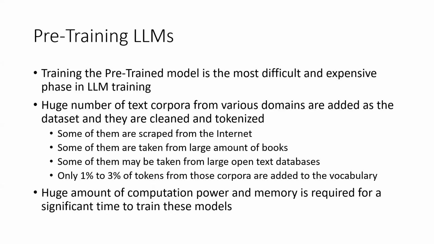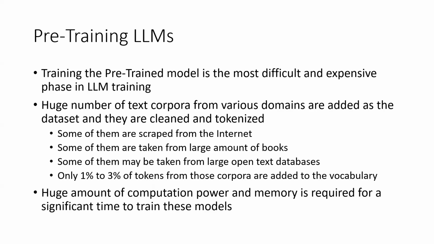It may be like 4 billion to maybe 500, 700 billion parameters when it comes to a large language model. And then you have to train that model using many GPUs or tensor processing units or data processing units, depending on the architecture, which is also very expensive.